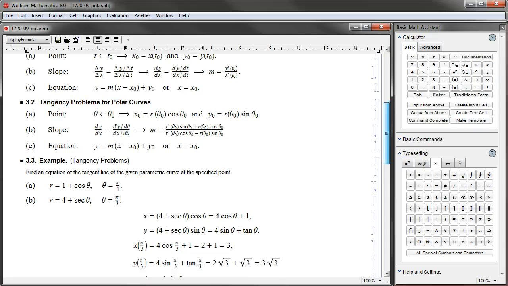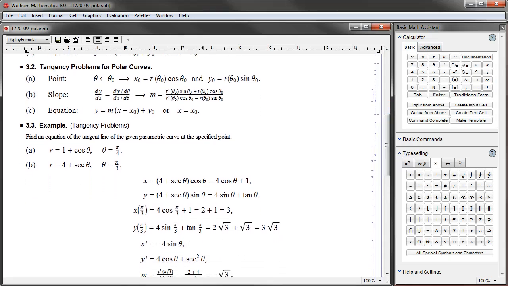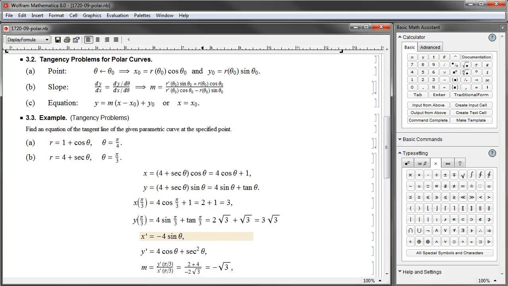Step 2, take the derivatives. Derivatives are pretty simple because polar curves became rather simple parametric curves. Step 3, find the slope by the slope formula, y prime of t naught over x prime of t naught. Plug in theta equal to pi over 3, do the computation, and you get the slope.